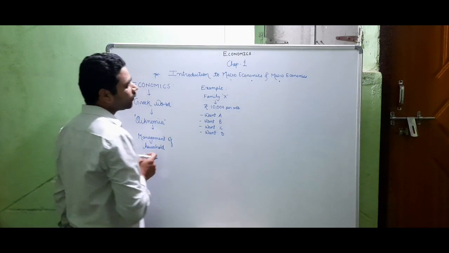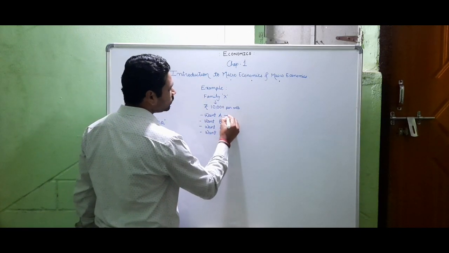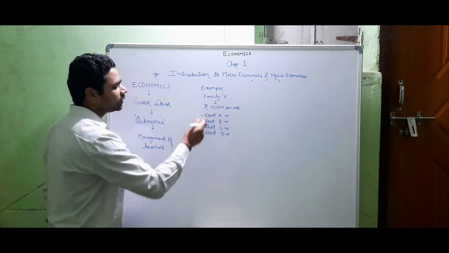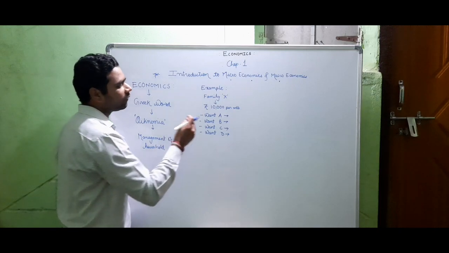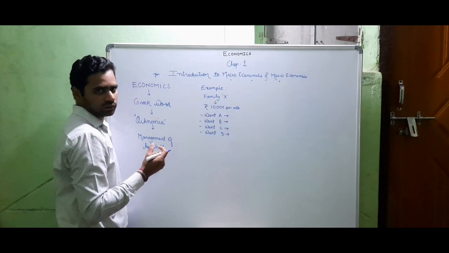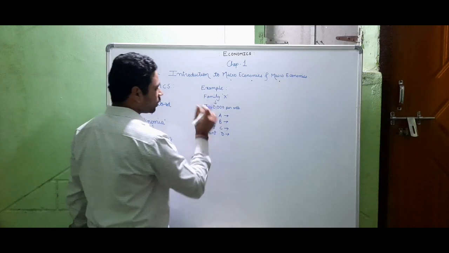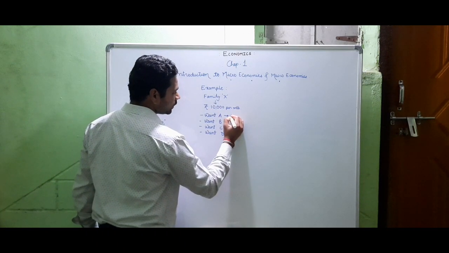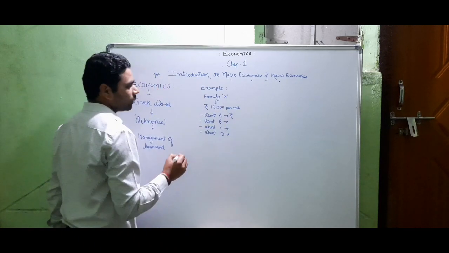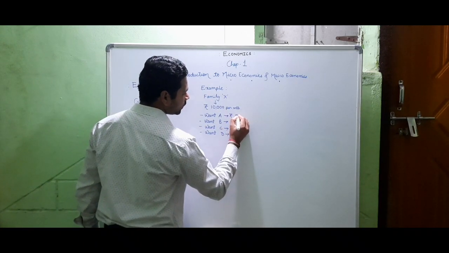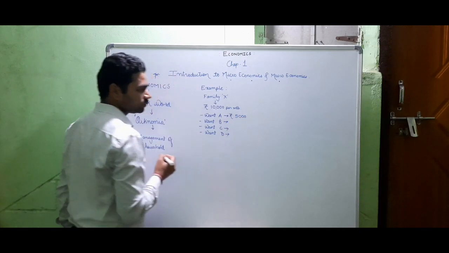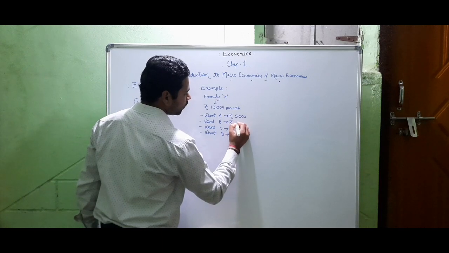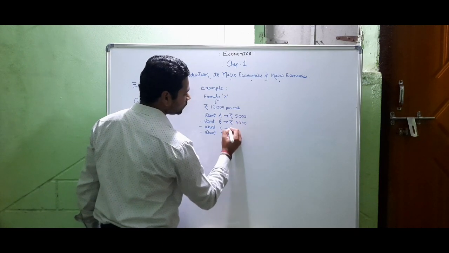Okay, so in order to satisfy this all wants, they will have to incur some expenditure. Okay, so for want A, let us consider that family X requires rupees 5,000. Okay, for B they require 4,000.